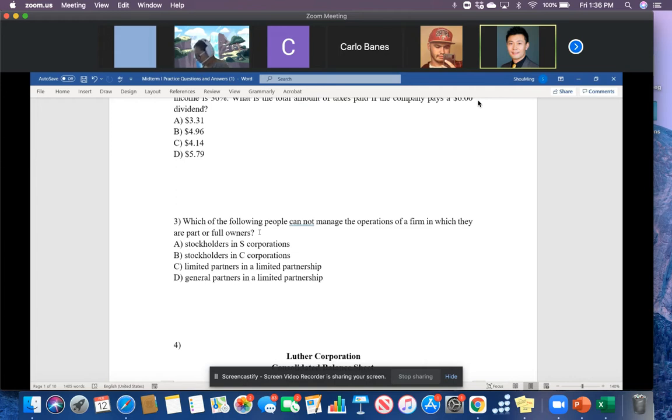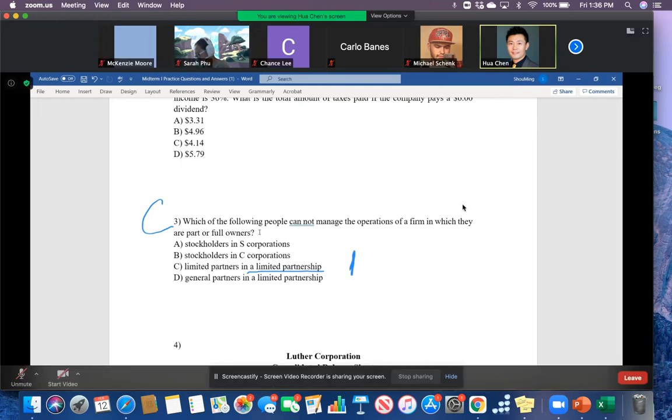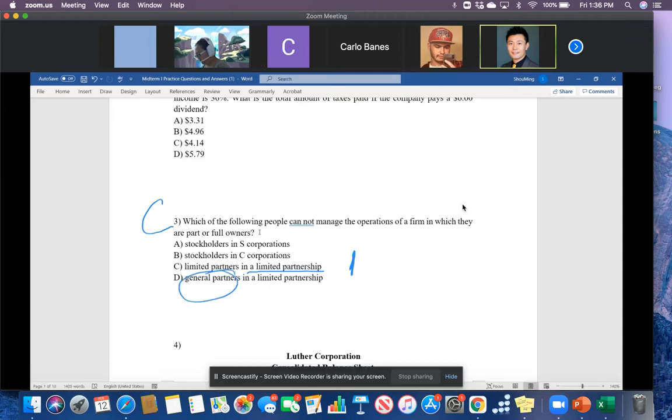For question 3, the correct answer is C. The limited partners in a limited partnership cannot manage the operation. That's why in a limited partnership, we require there should be at least one general partner in this organization. Otherwise, there's nobody who can manage the operation if there are zero general partners, right? So the correct answer is C.